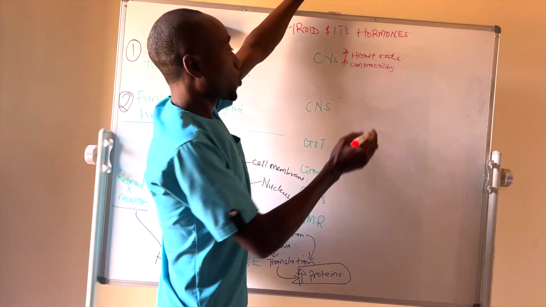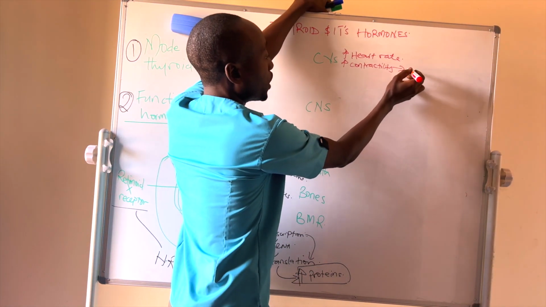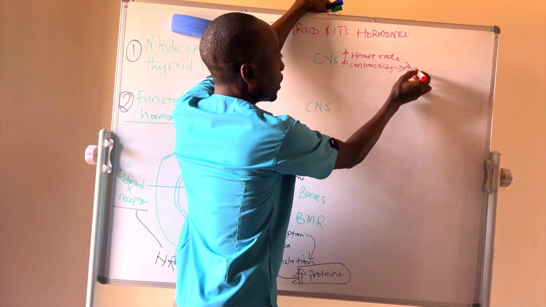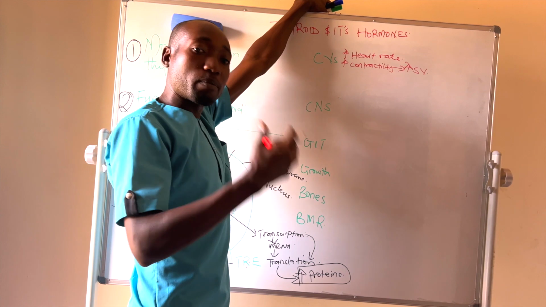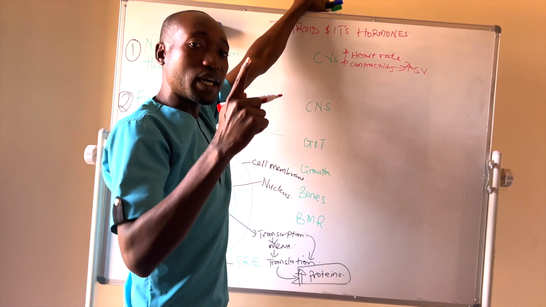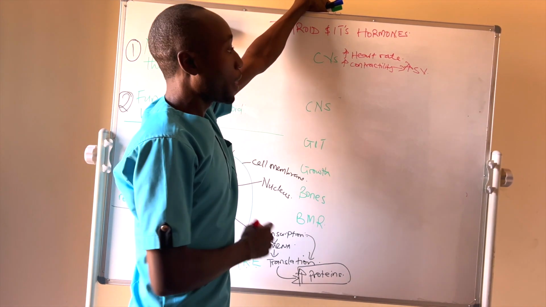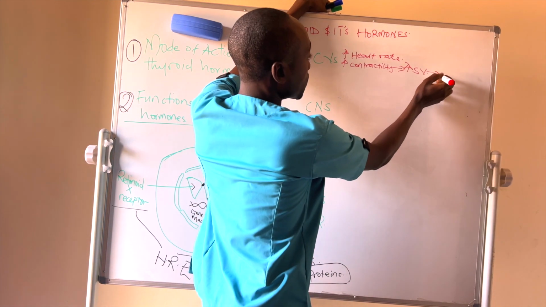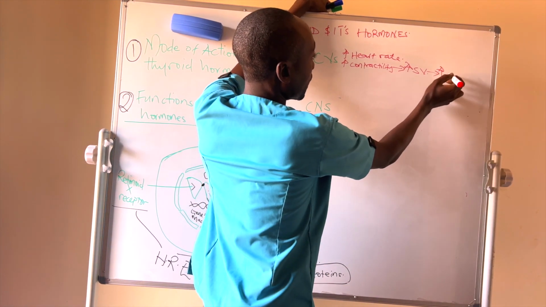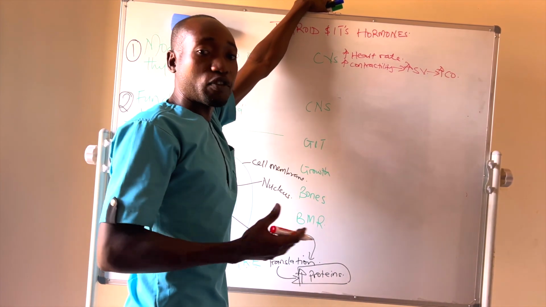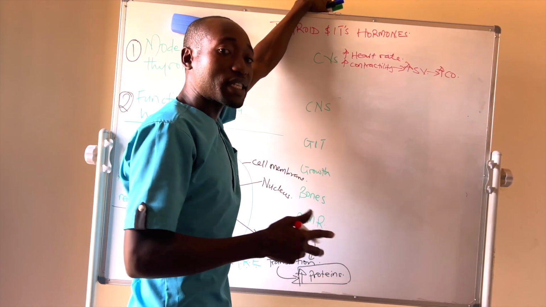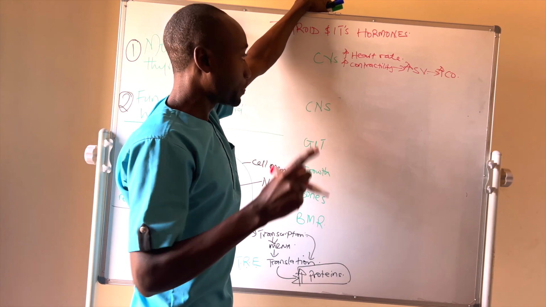When you increase contractility, you will increase the stroke volume. Stroke volume is basically the amount of blood that is pumped out of the heart in one beat. And this will also lead to an increase in cardiac output, which is the amount of blood that is pumped out of the heart in 1 minute.